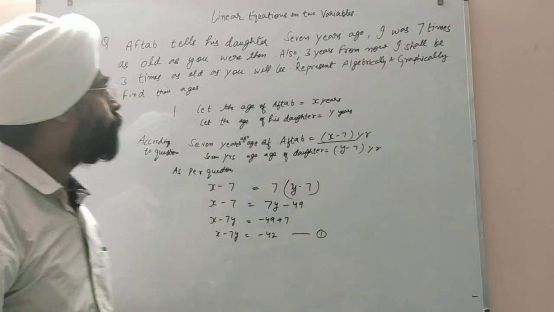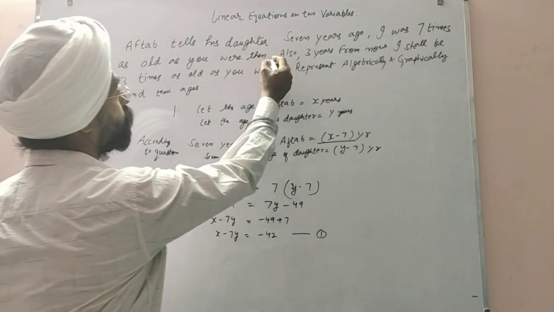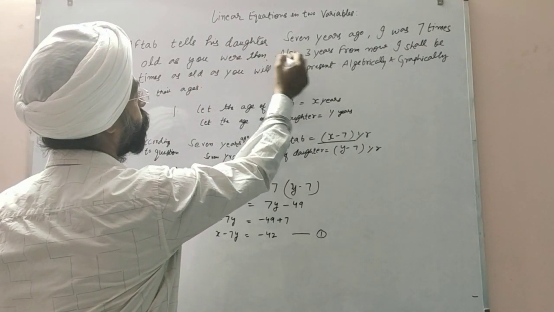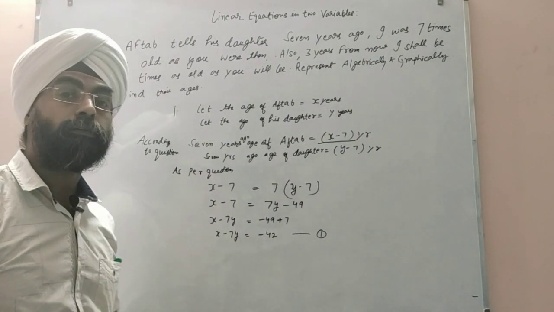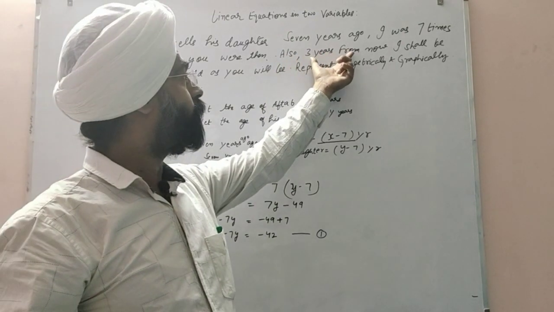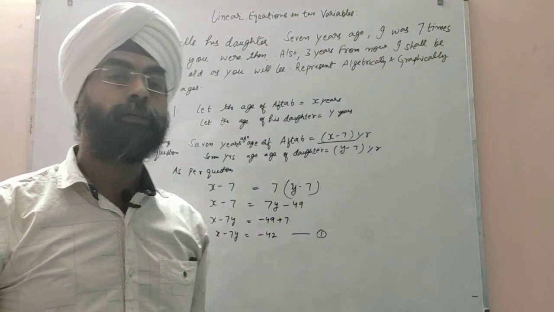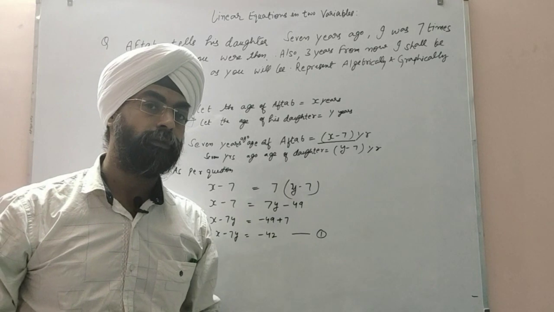Now we need to read the question further from this point, also 3 years from now. After 3 years, this is the English language. After 3 years means the question is talking about the future tense.